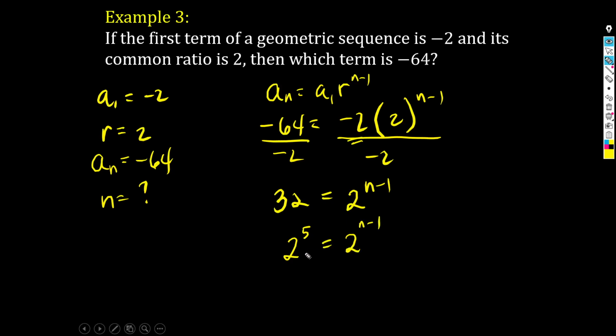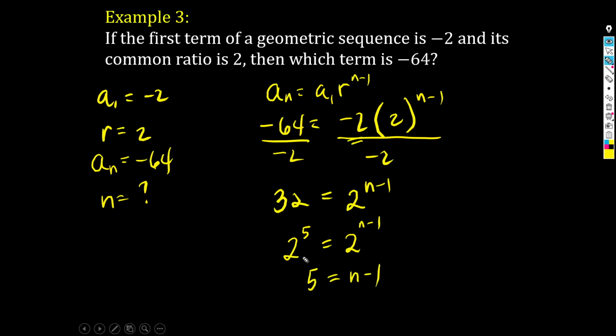And look at this. Left side and right side have the same base of 2. Since this is an equation, those two expressions, 2 to the 5th and 2 to the n minus 1, are equal. And if they have the same base, then I can infer that the exponents must be equal also. So I can write 5 equals n minus 1.